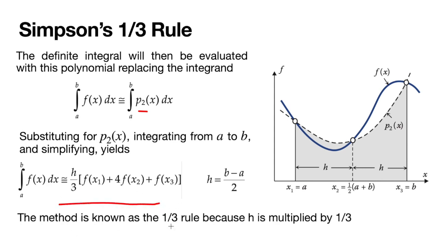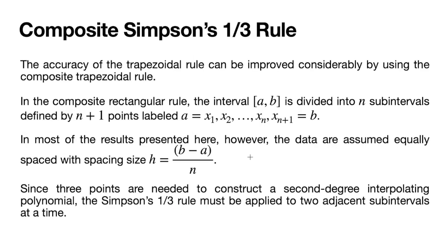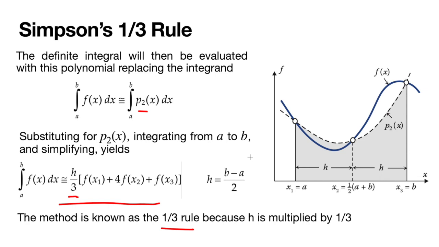You can see that it is dividing by 3, and that's why it is called the 1 by 3 rule. Here h is b minus a divided by 2. Similarly you can see that these are the two interval values, so we are using these 2 points.